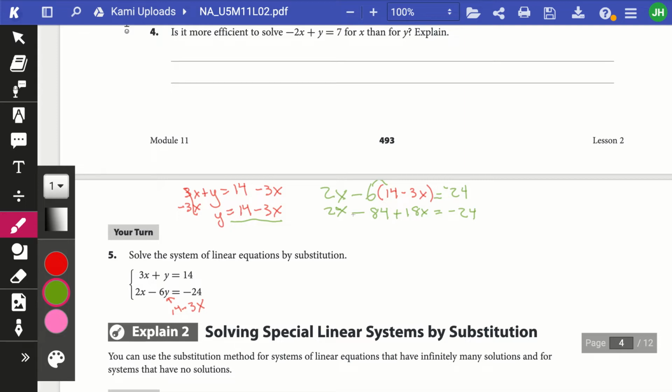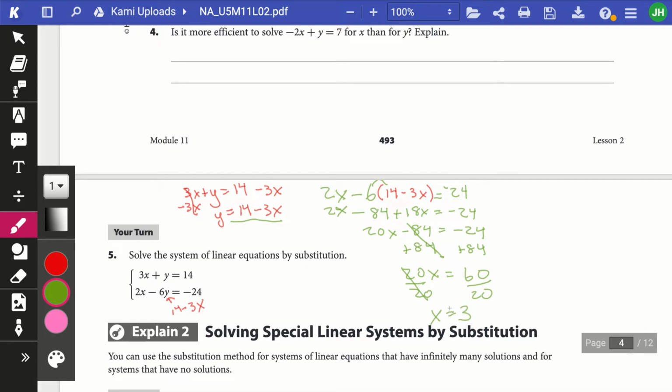So now 2x plus 18x is 20x minus 84 equals negative 24. Then we add 84 to both sides. Those cancel out. You end up with 20x equals 84 minus 24, which is 60. Then we divide by 20. x equals 60 divided by 20, which is 3.